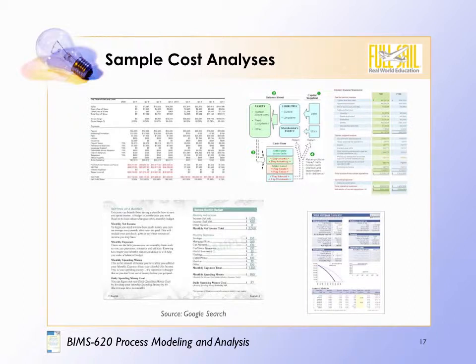More on sample cost analysis. On the upper left, it's just a spreadsheet, the basic pro forma of the different quarters. Not too exciting. You do that, and you get a B. Okay. You do the upper left, with the pictures analysis, you get an A. Content matters.